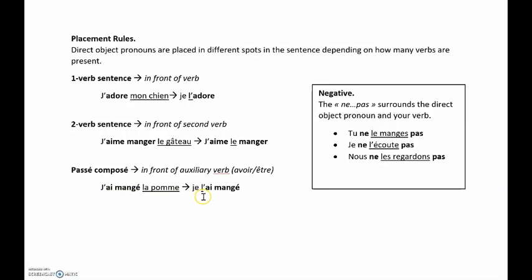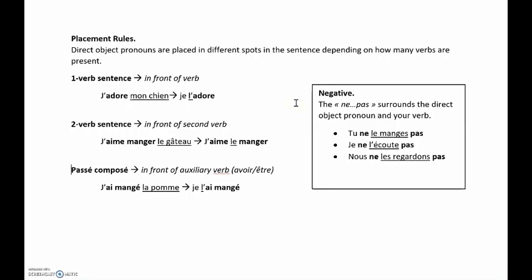So all together, that la would go right in front of the auxiliary, the a component right here, to become je l'ai mangé, which means I ate it. Okay, so make sure that you make note of these three situations for where you place your direct object pronouns, because you don't want to get them mixed up, because that could completely change what you're trying to say unintentionally.